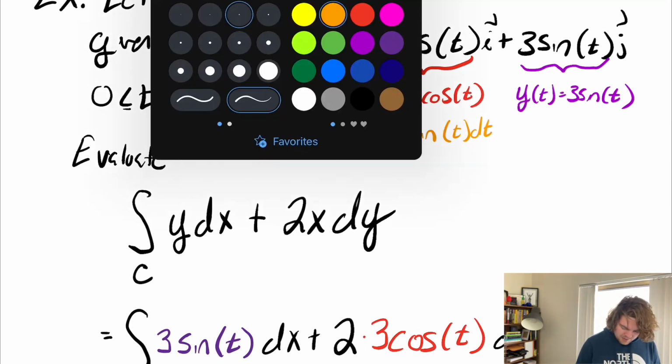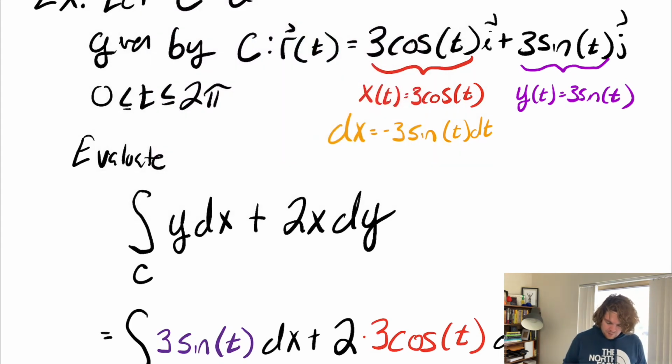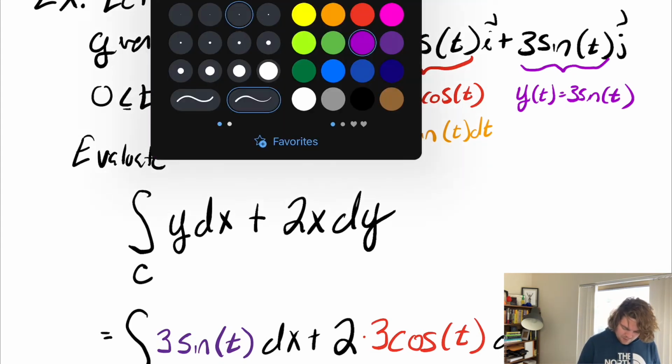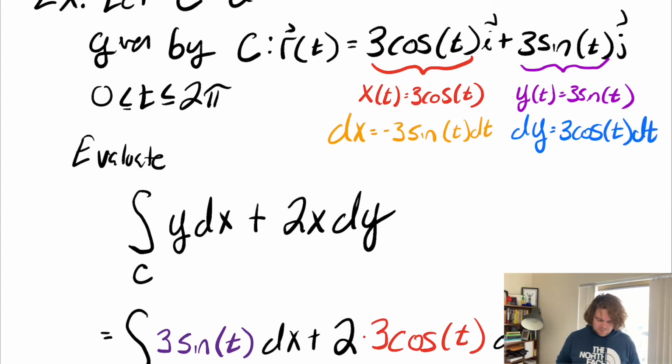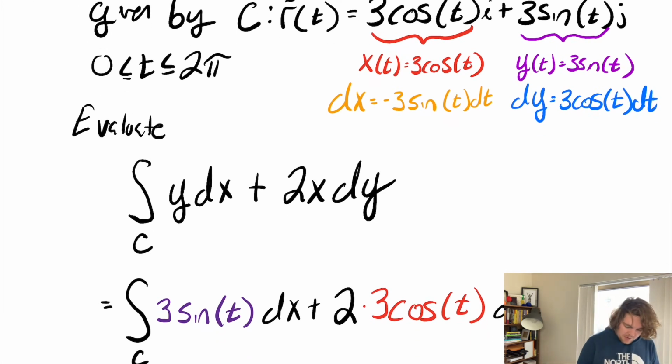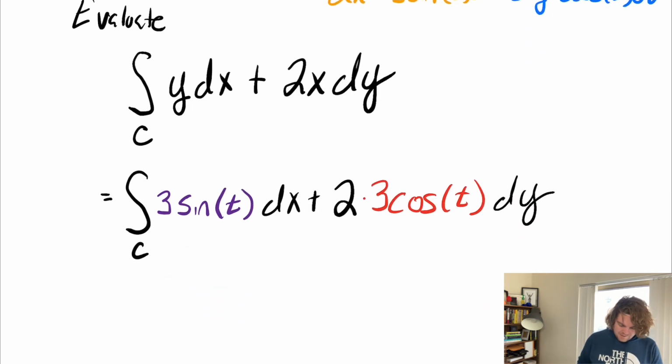And something similar is going to happen with our y of t. If we compute this derivative, dy is going to be 3 cosine of t dt. So now we can substitute these back into our integral.